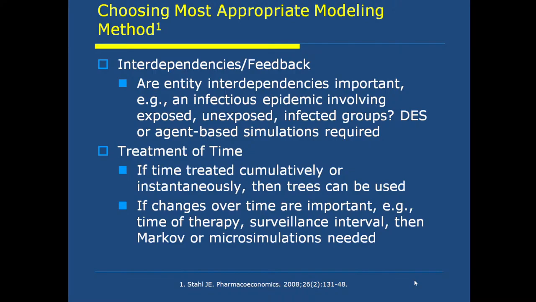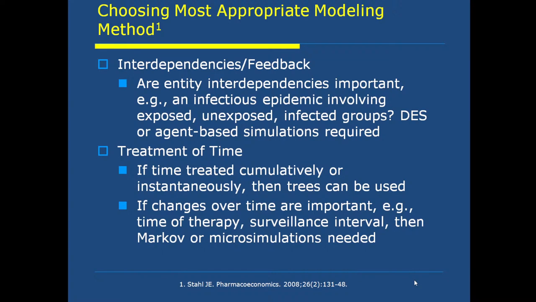Interdependencies and feedback. Are entity interdependencies important? For example, an infection epidemic involving exposed, unexposed, and infected groups: discrete event simulation or agent-based simulations are required. Treatment of time. If time is treated cumulatively or instantaneously, then trees can be used.